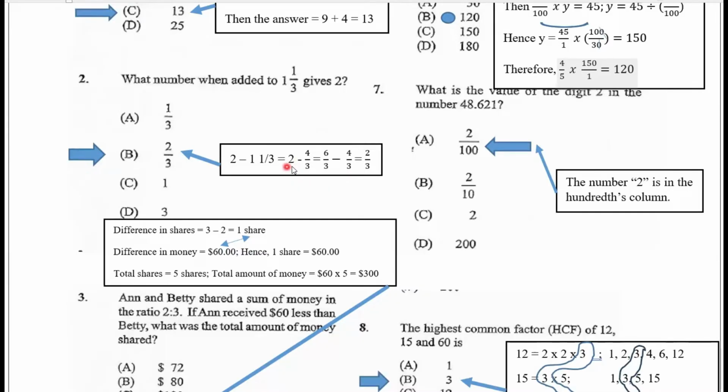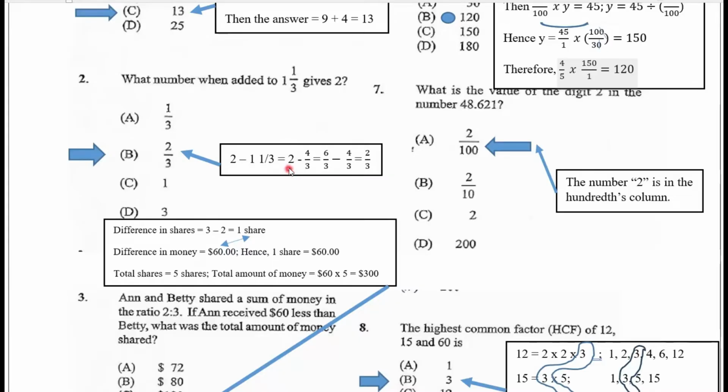So if I have 2 whole numbers, how many thirds will make 2 whole numbers? We know 3 thirds will make a whole. So if I have a cake and you cut it in 3 parts, each part represents a third of the cake, right? 3 of those slices will make the entire cake.